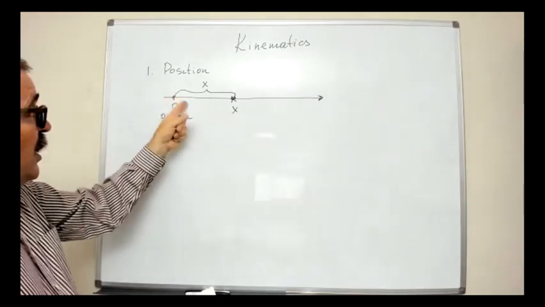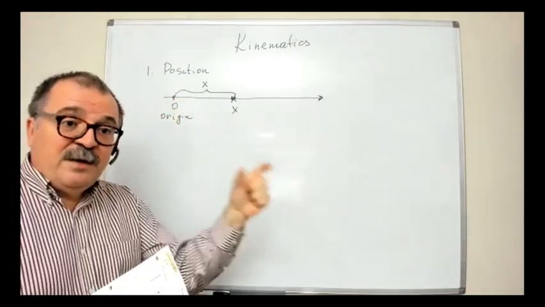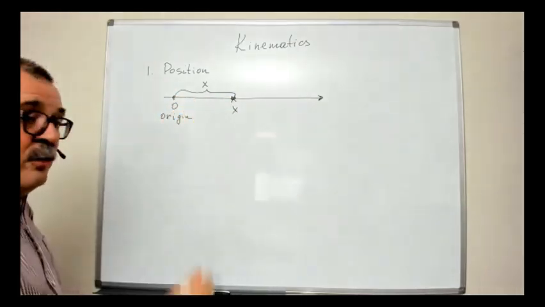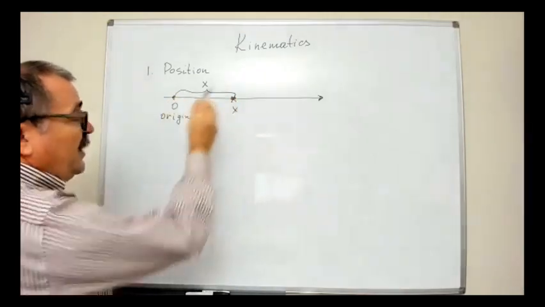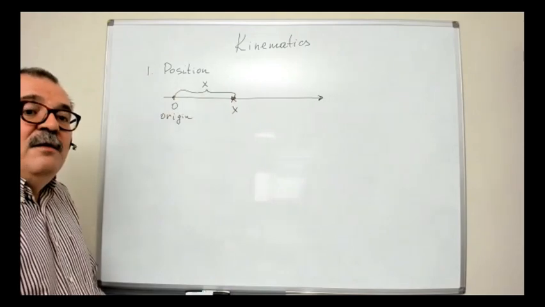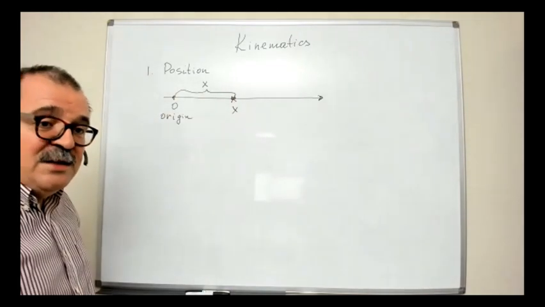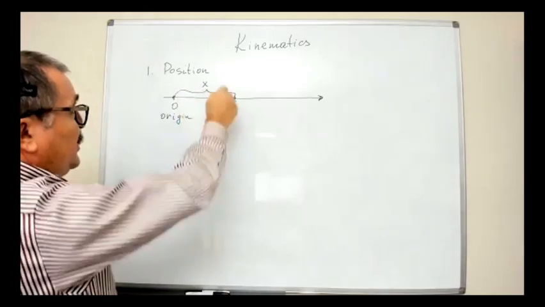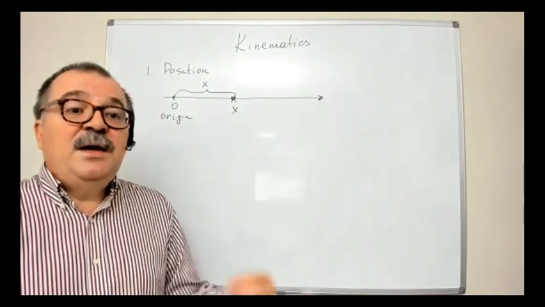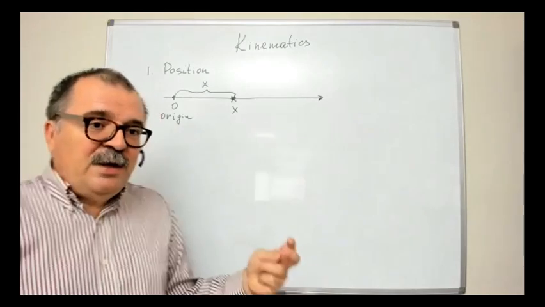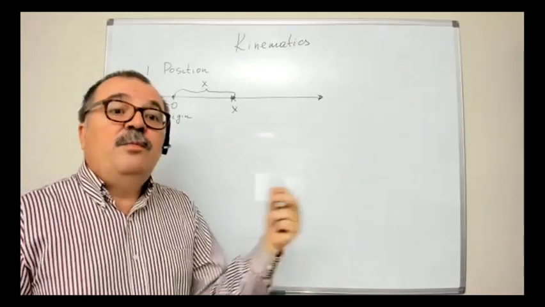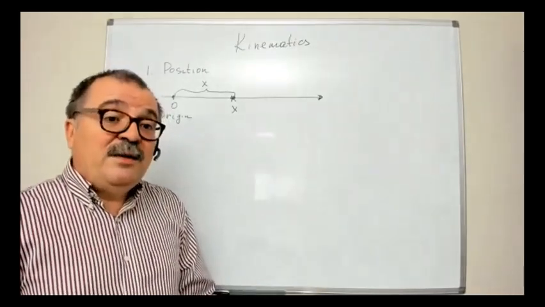I'll take a ruler using 1 meter as a reference unit, and then I just measure how many meters I have between this point and that point, and then I'll get some number. Let's say 5 meters or 3 meters, 0.5 meters, depending on that distance X. So you see in this procedure, I already use a ruler or some device in order to transfer the actual physical position of the object X into some number. And then later on, I will operate with this number using mathematics.